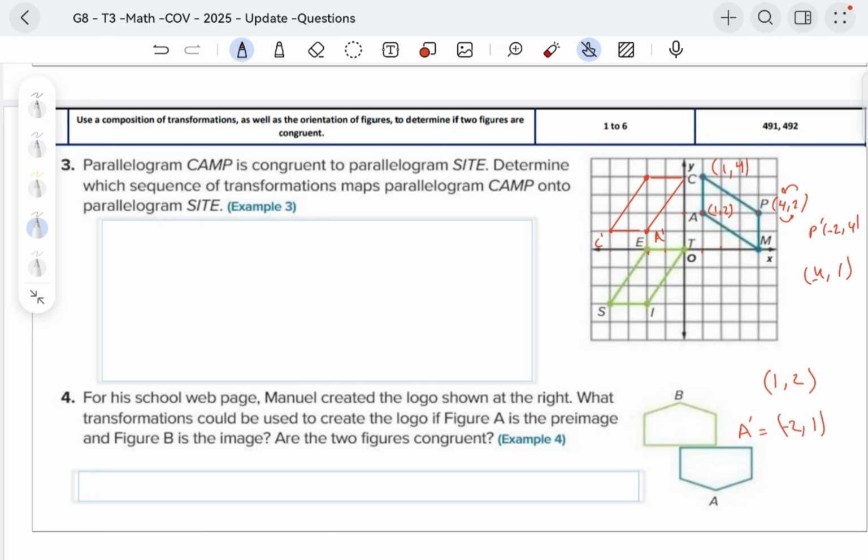Okay, so after rotating 90 degrees counterclockwise, we're gonna translate it down. Let's see, for point C, we have 1, 2, 3, 4 units down. Let's try point A prime, 1, 2, 3, 4, that's it.